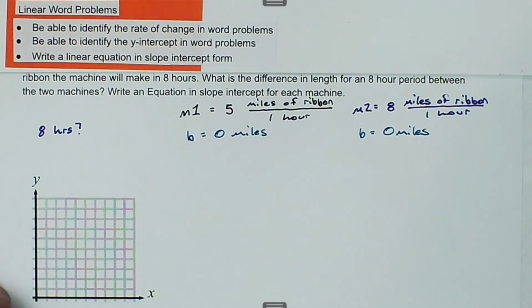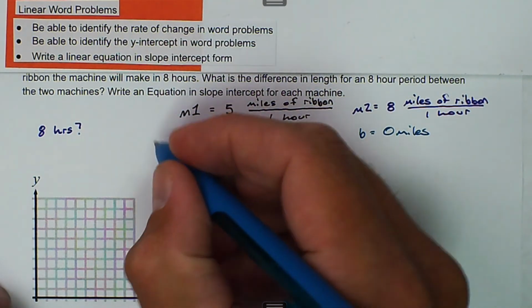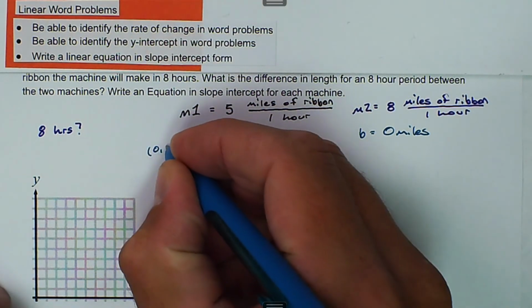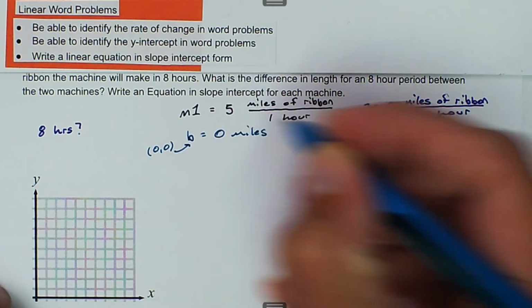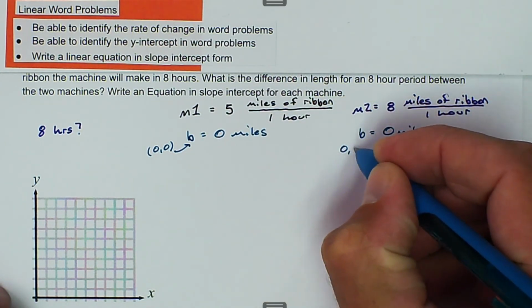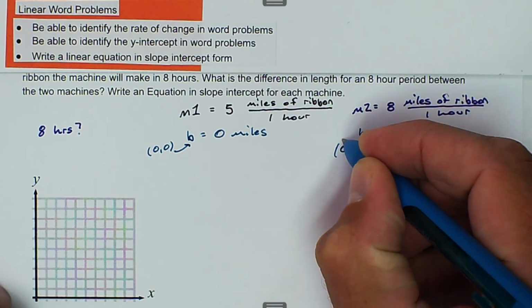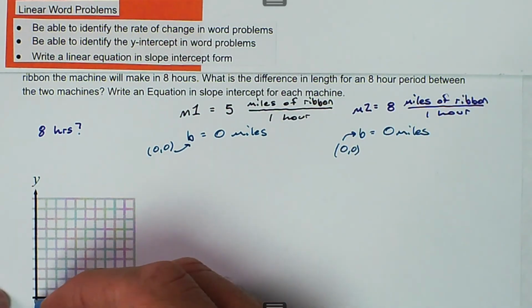We're starting at 0 miles for each of those because we want to see if they both start at the same time, how much difference will there be after 8 hours? So we have the coordinate pair 0, 0, and 0, 0. So this is going to be our y-intercept. So both graphs will start here.